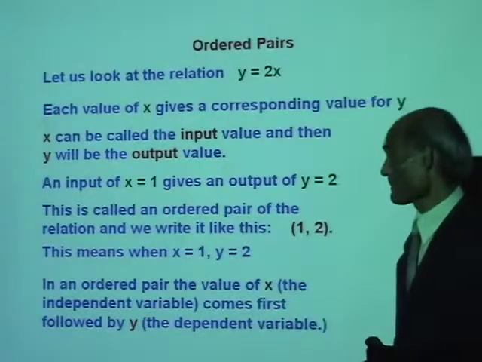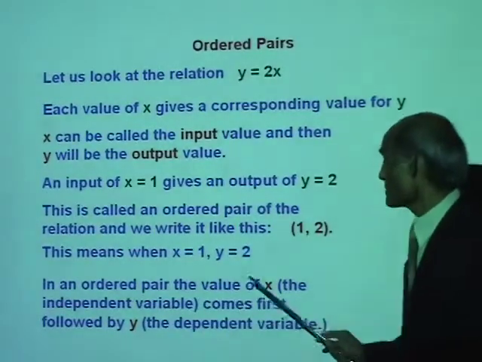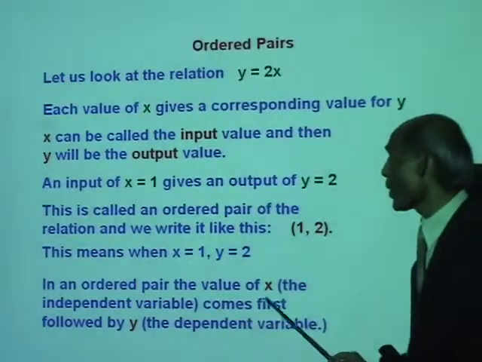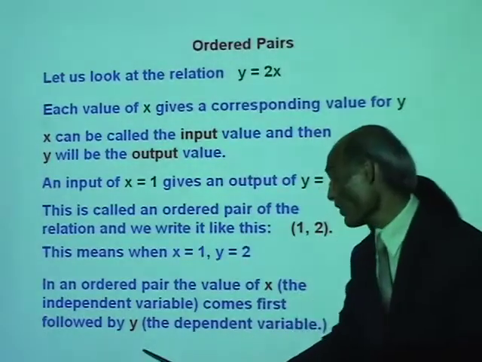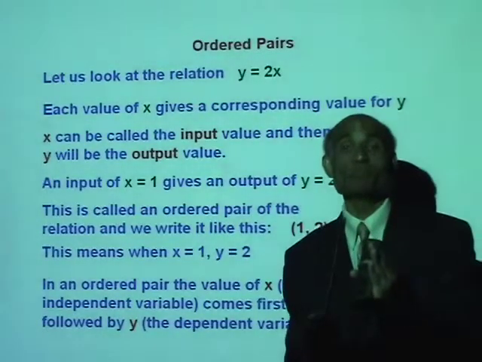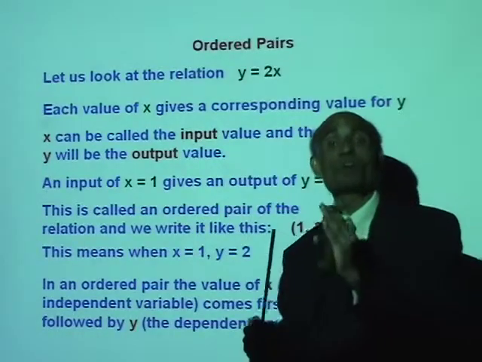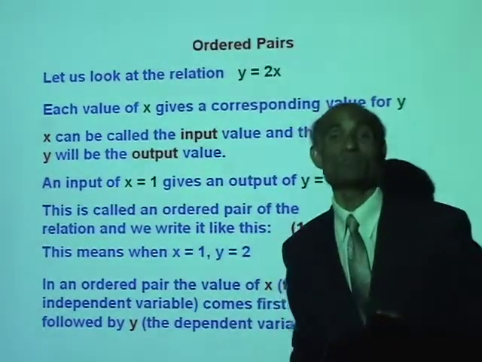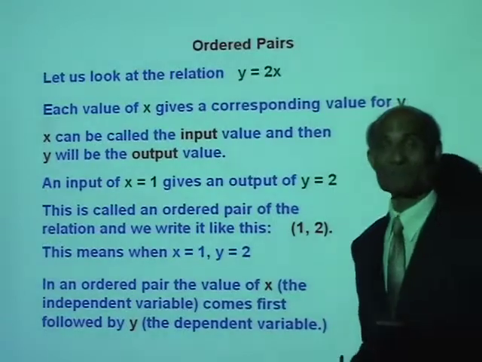Now, in an ordered pair, the value of x always comes first, followed by the value of y. The independent variable value is followed by the dependent variable value. Is that right? Okay, let's move on.